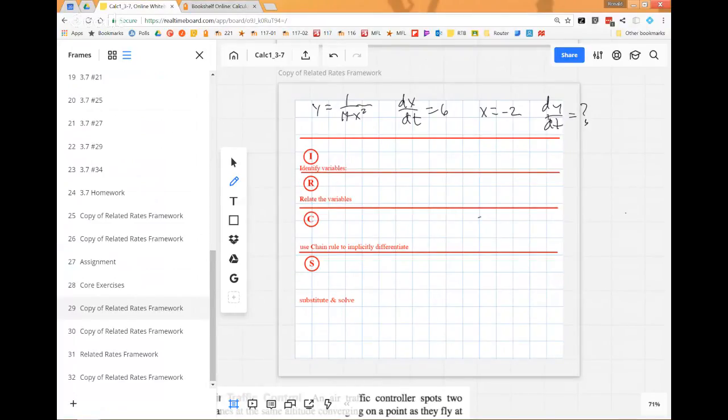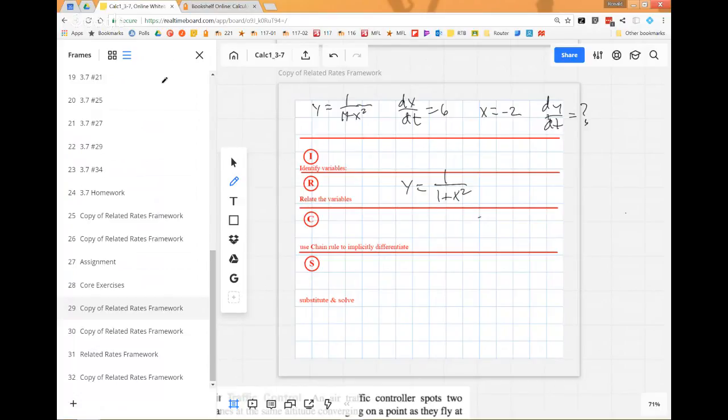Now we've got everything we need. Relate the variables, that's already done with the equation they gave us. So it's time to go to the C part.